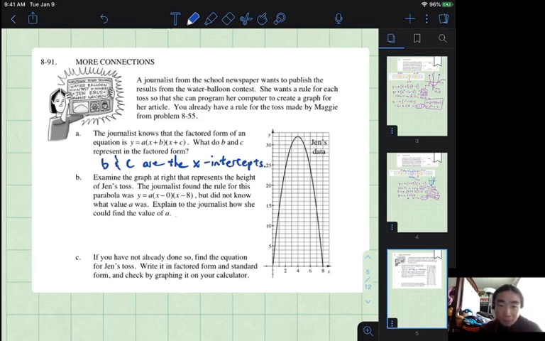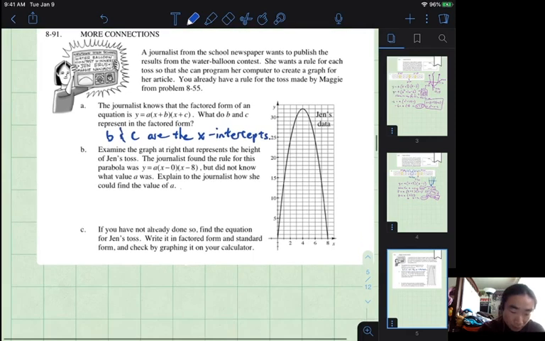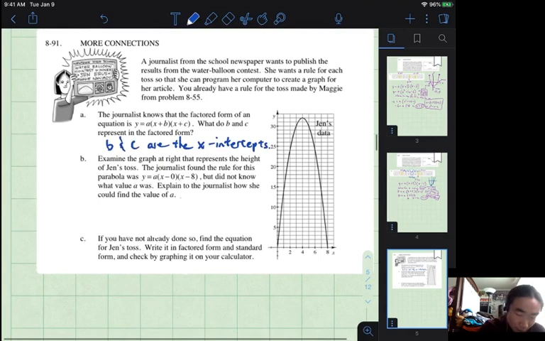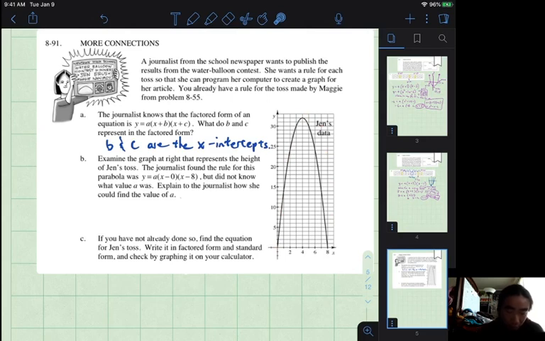Cool. And then we examine this graph on the right. This is the one that was given to you in the water balloon task. The journalist found the rule, it looks like this.